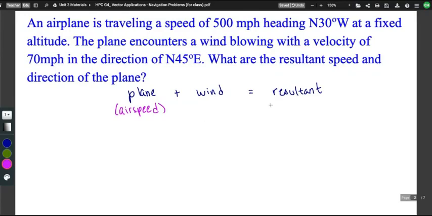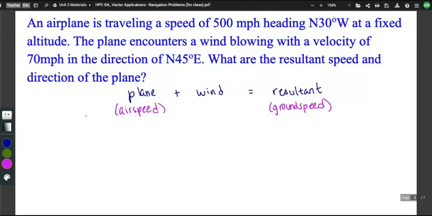Then in this resultant, you might see something like ground speed. So imagine we've got these air traffic controllers sitting in a tower and they're monitoring the positions of these planes. The ground speed is measuring the actual speed of this plane relative to the ground. So it would see the impact that the wind has on this plane.